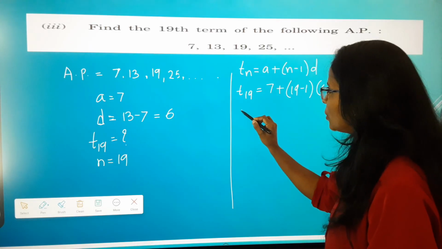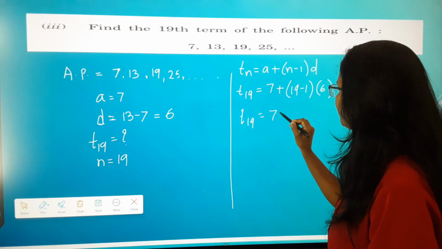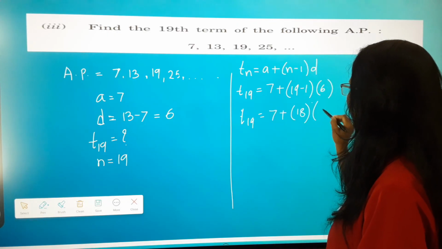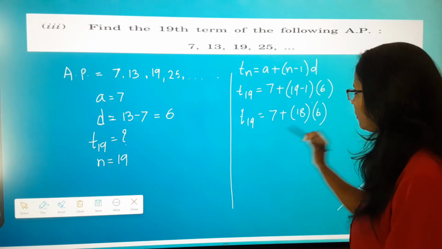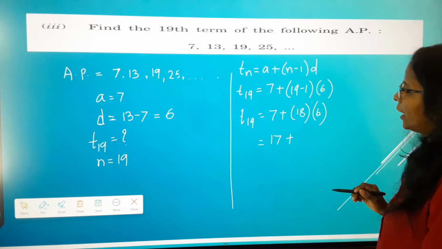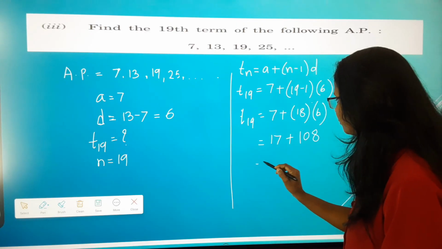So now T19, that we have to find out, is 7 plus 18 multiplied by 6, which is equal to 7 plus 108.